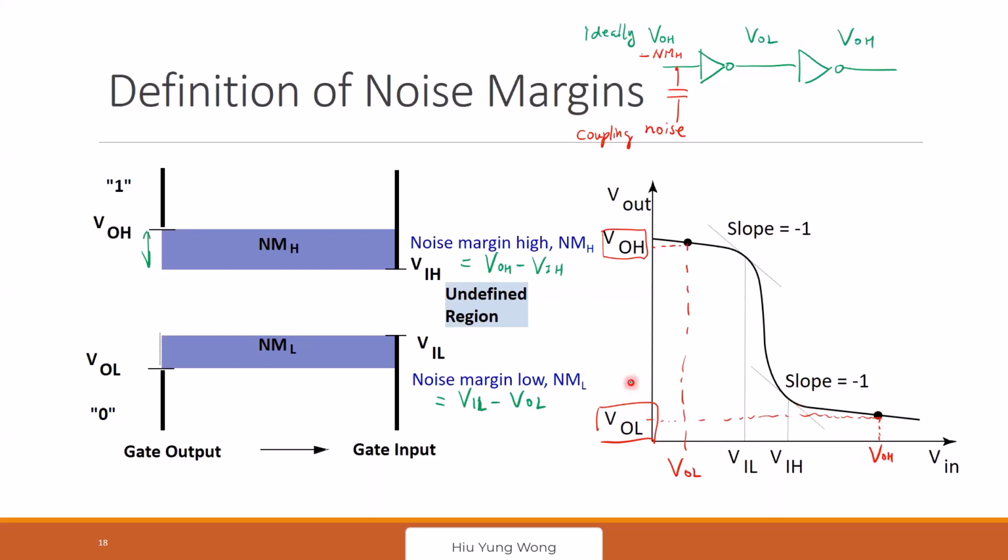You give me VOL, which is good. But now you couple a noise, bring me down here, NMH. You make a noise, then my input essentially becomes VIH. What is my output? Well, because your noise is still smaller than the noise margin, this one will still be approximately equal to VOL.